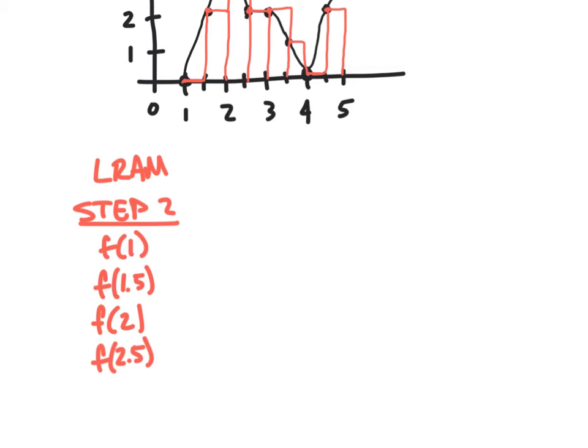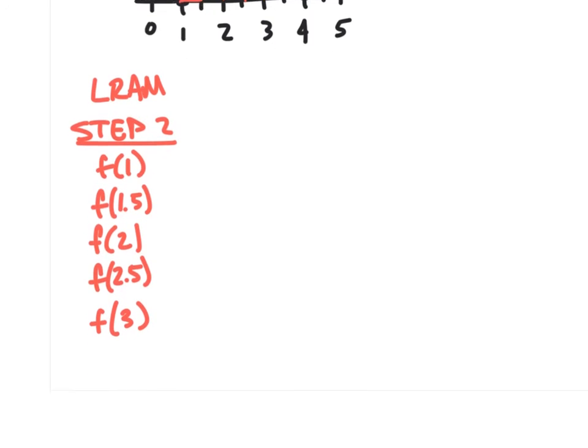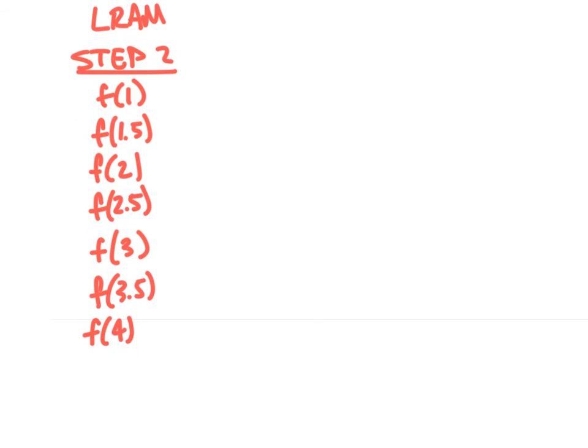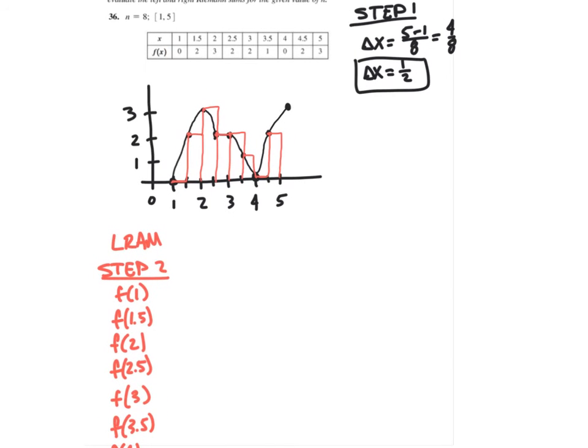That takes care of that problem. Then I've got f of 3, f of 3.5, f of 4, and then f of 4.5. Now all these different heights I can figure out from the table.